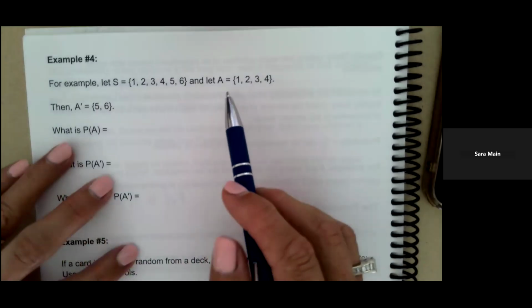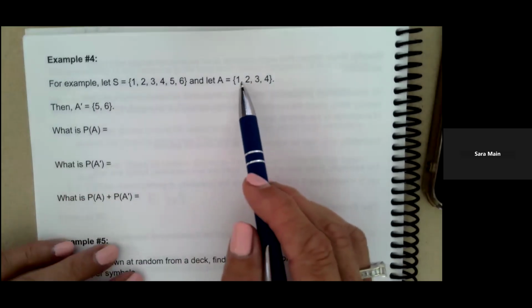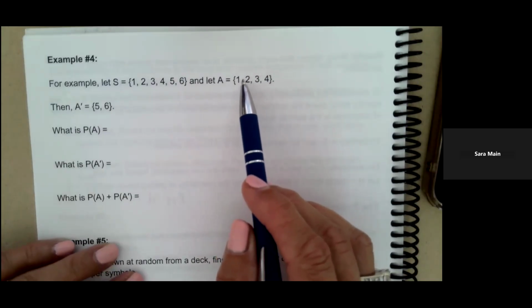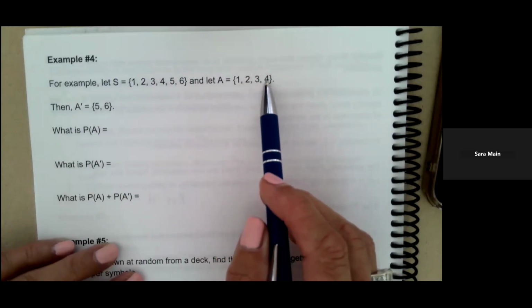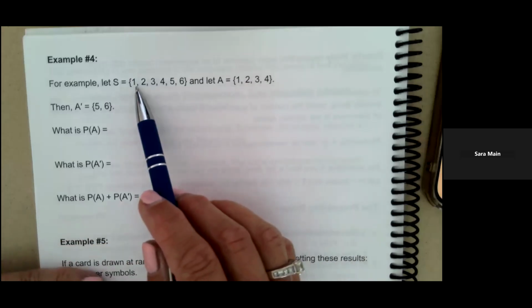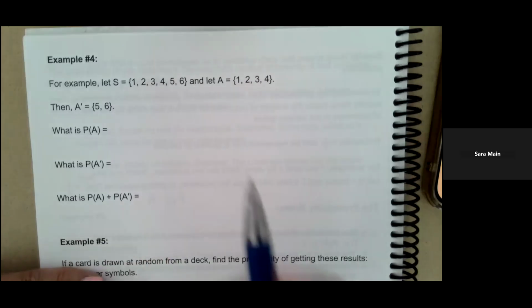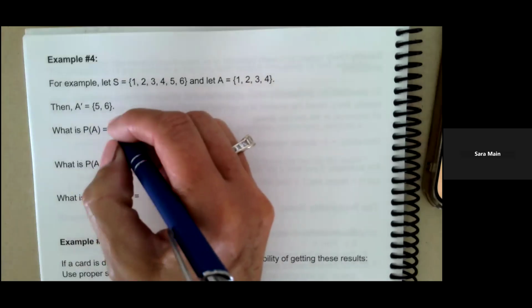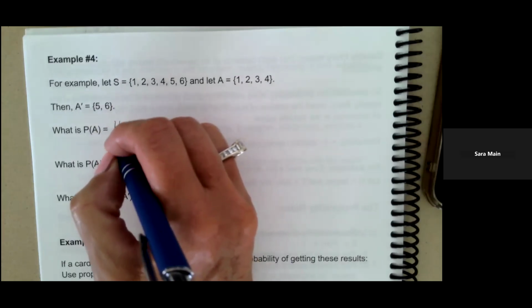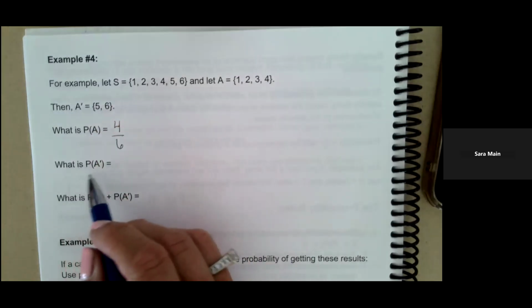So A is the probability of all of the outcomes that are in A. So that's 1, 2, 3, 4 out of S here. 1, 2, 3, 4, 5, 6. So that would be 4 out of 6. What is the probability of A prime?